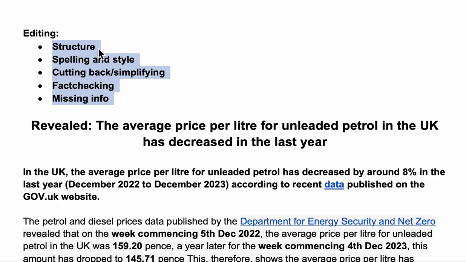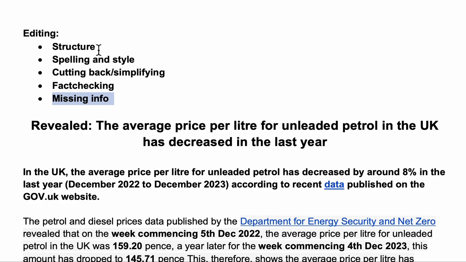And then we've got fact checking. What facts are in there? Are they attributed properly? Is there any missing information in the article as well? And I've put those towards the end because if you're going to cut things out, then there's no point fact checking until you know what you actually need to fact check.